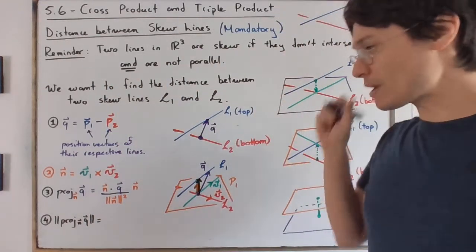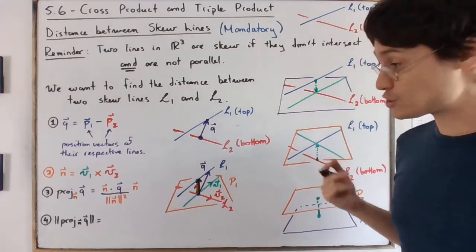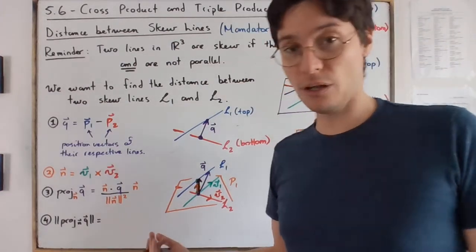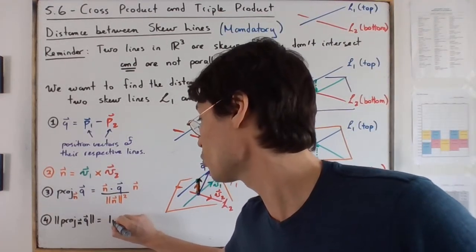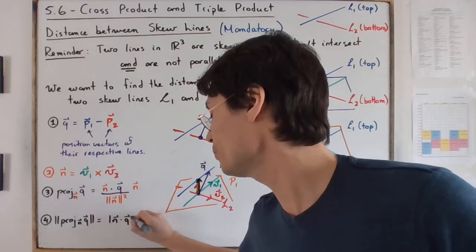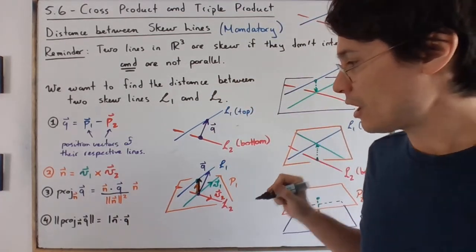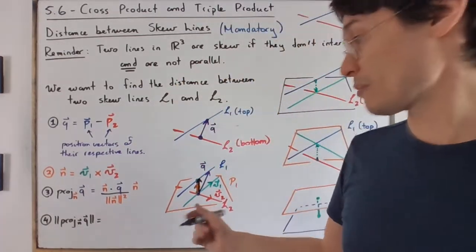Now something I want to say is you might remember in one of my other videos, which was actually optional, you can just say that the norm will be N dot Q over the norm of N. Oh yeah, it's a good idea actually. So let's compute the norm of this vector.